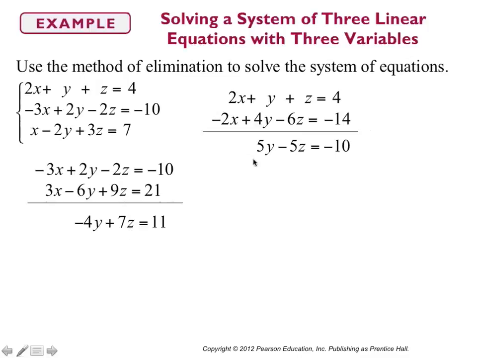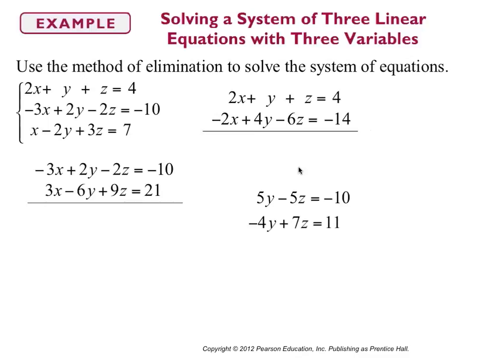And now what you'll notice is we have 2 equations that neither of them have an x attached. So that's great. We have one with y and z, and we've used all 3 equations. So now what we do is we just put these 2 equations side by side, and we figure out how we should solve them.